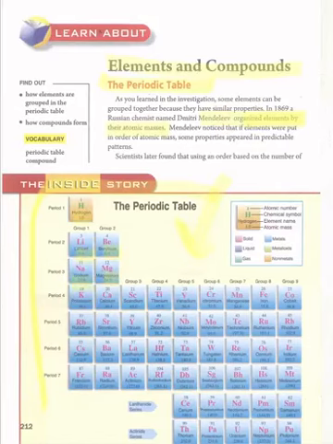Okay? Mendeleev organized elements by what? By their atomic mass. After Mendeleev, the scientists later found that using the atomic number is better than the atomic mass for arranging the elements.